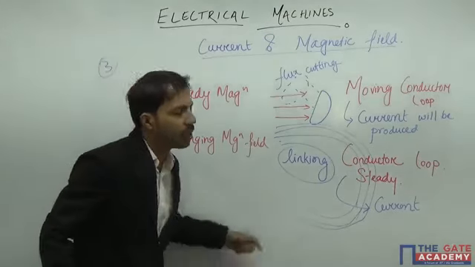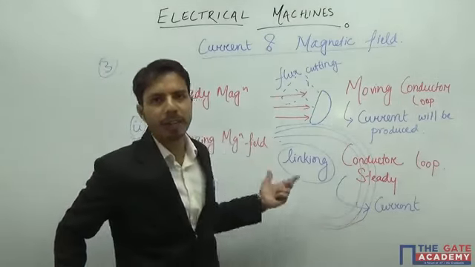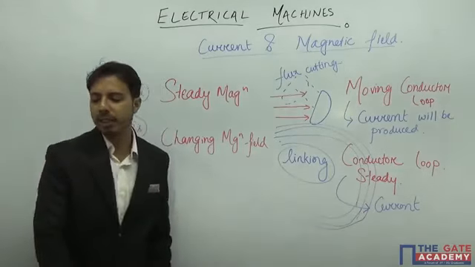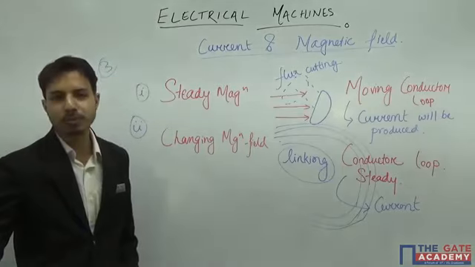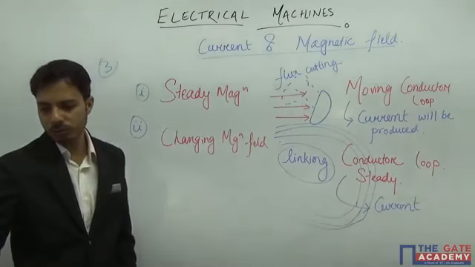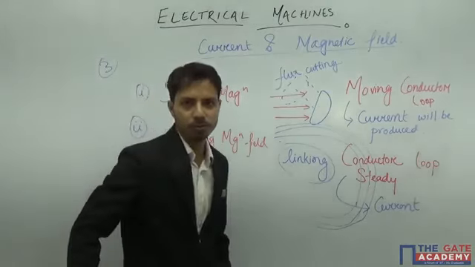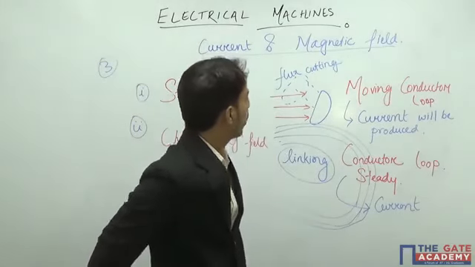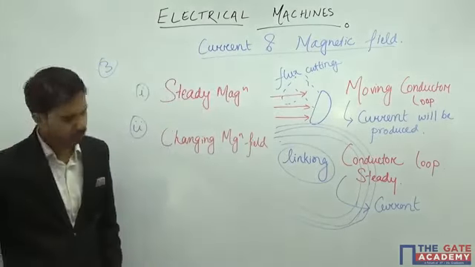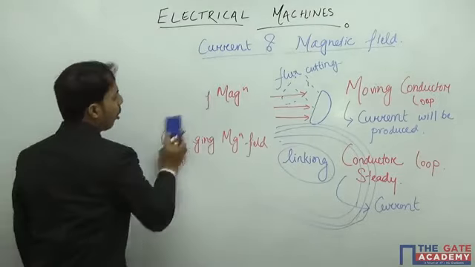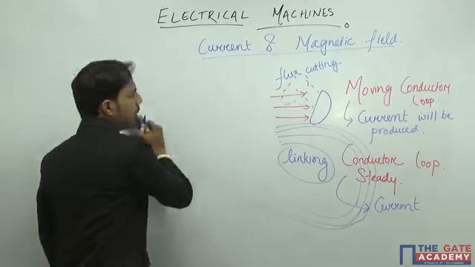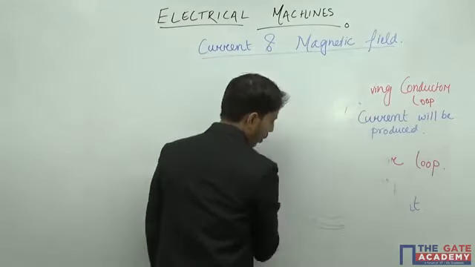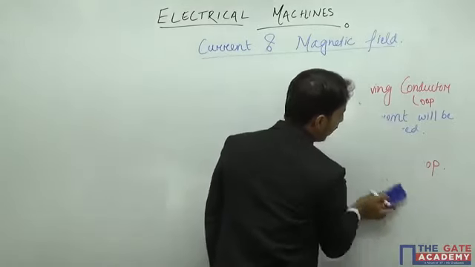Now, from this particular statement, the law that we get is called Faraday's law. We all know this law, which is very, very important and very familiar for science students. Now what does Faraday's law say?